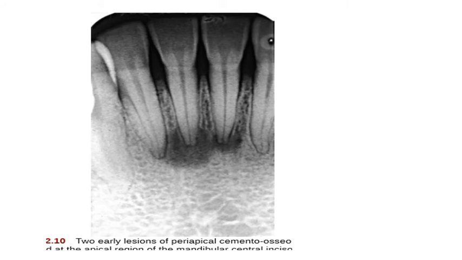So let's have a little discussion about the periapical cemento-osseous dysplasia and its difference from the periapical inflammatory process. In the early radiolucent stage of periapical cemento-osseous dysplasia, the imaging characteristics cannot be used to readily differentiate the lesion from periapical disease.